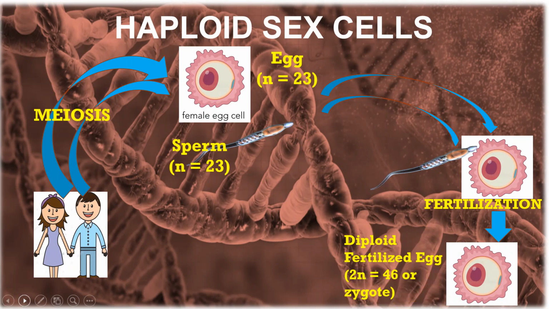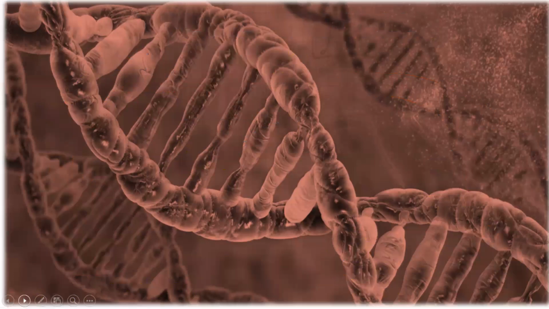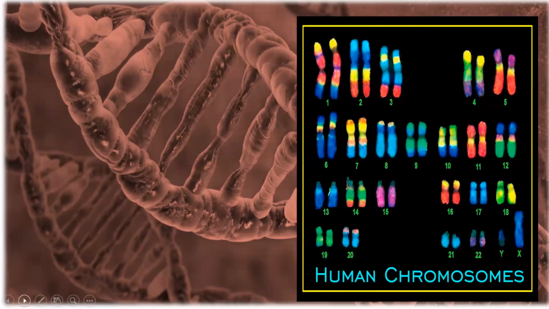And then next is mitosis. After mitosis comes multicellular diploid adults, where you can get the 46 chromosomes, 2n equals 46 chromosomes. All right, this is the explanation.